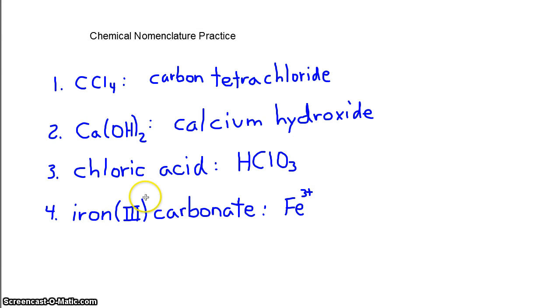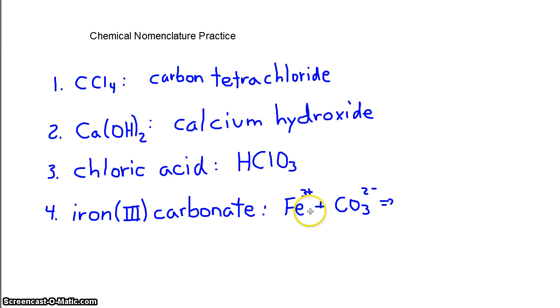So the compound with the name of iron(III) carbonate consists of iron with positive 3 charges plus carbonate ions, and carbonate ions always have a -2 charge. Then the proper ratio such that the amount of positive charge equals the amount of negative charge we can determine by using the cross method.